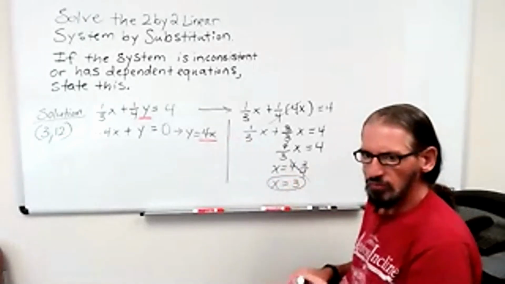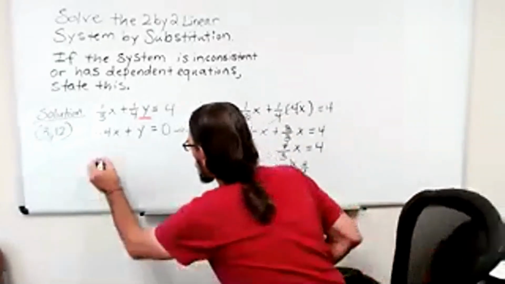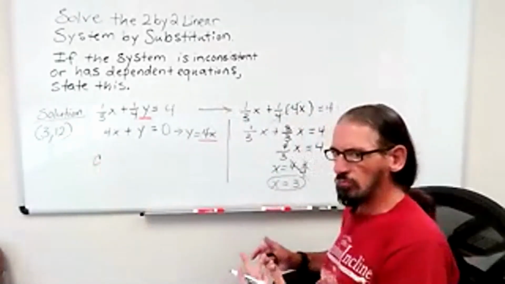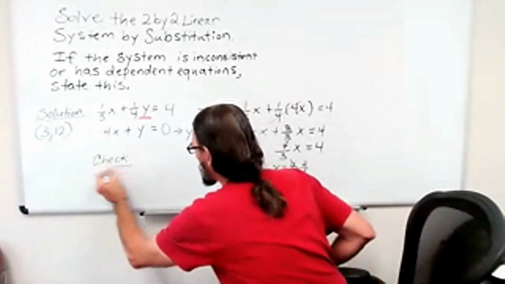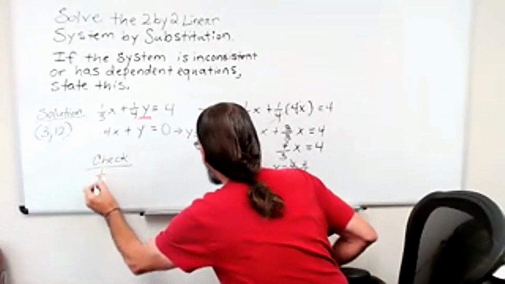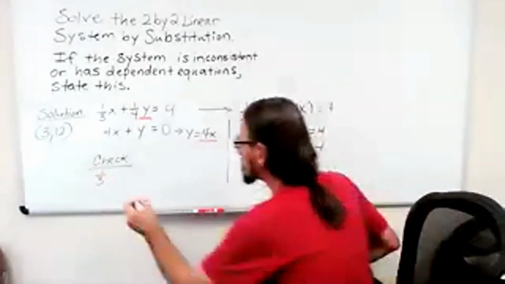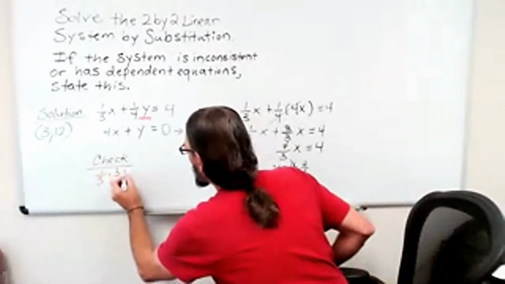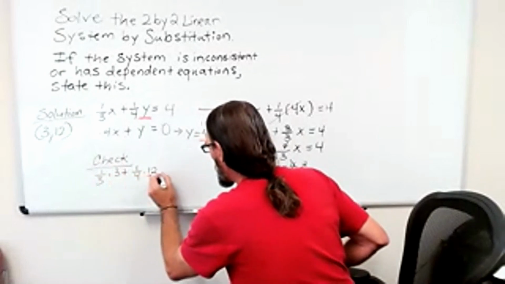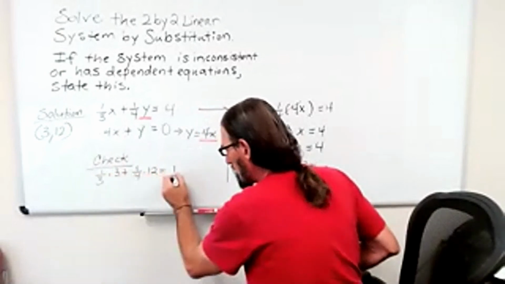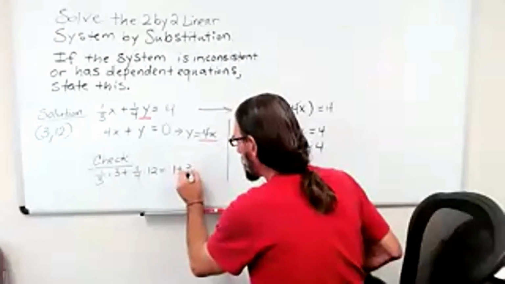So checking in the original equations, because I've rewritten both of them. 1/3 of 3 plus 1/4 of 12 would be 1 plus 3.